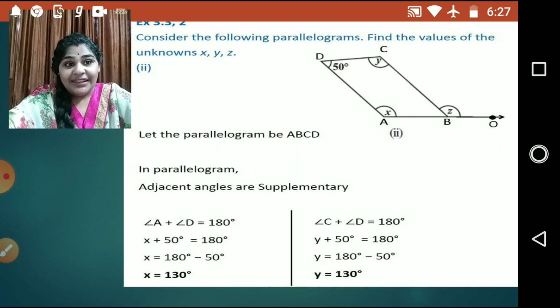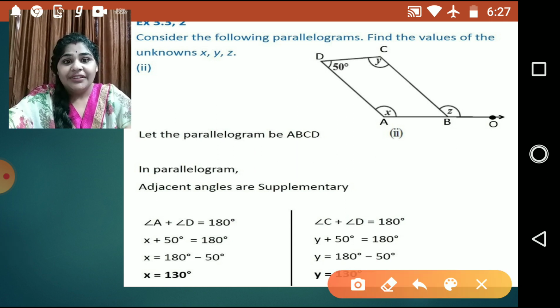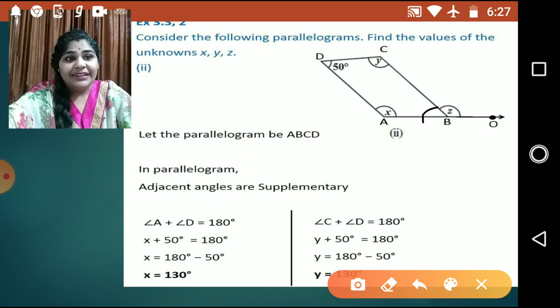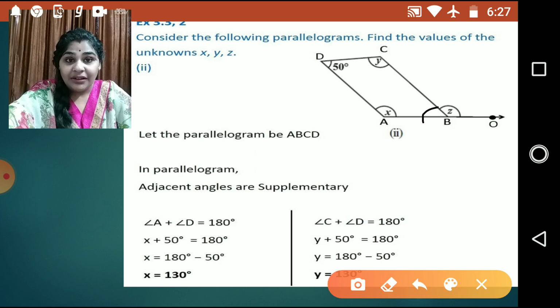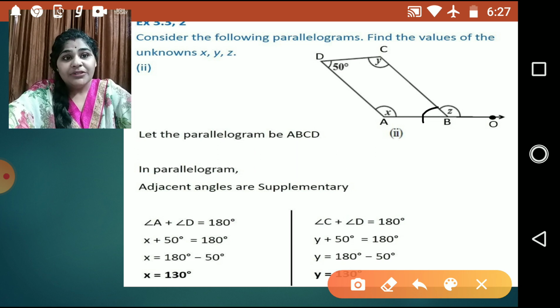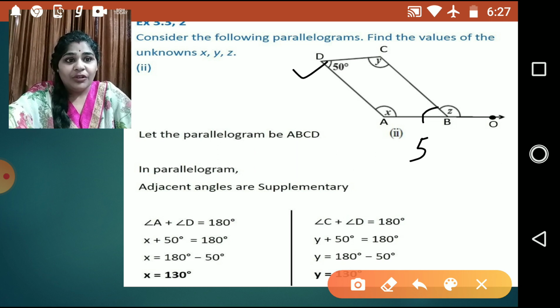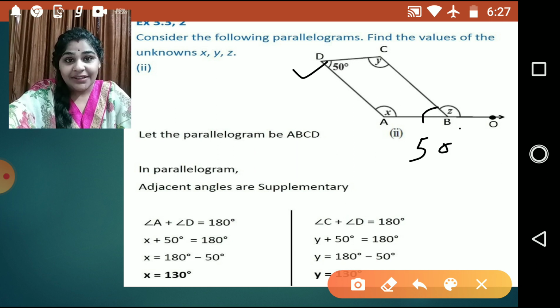This is how we have found our X and angle Y. Now the last one is angle Z. If you see here, children, we know that the corresponding interior angle and the exterior angle are supplementary, that is, they form 180 degrees, right? The sum of these two angles is 180 degrees. Take interior angle B. Opposite angles are equal, so if D is 50, obviously B is also 50 degrees.